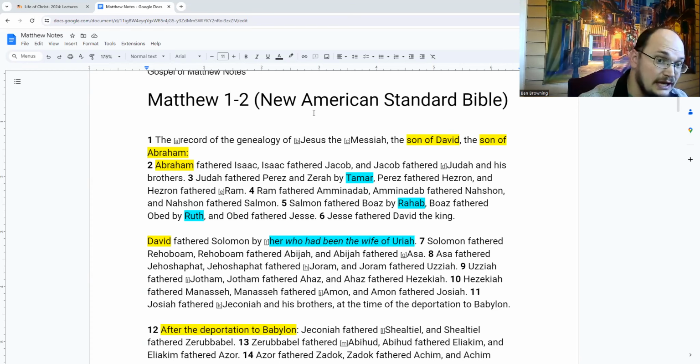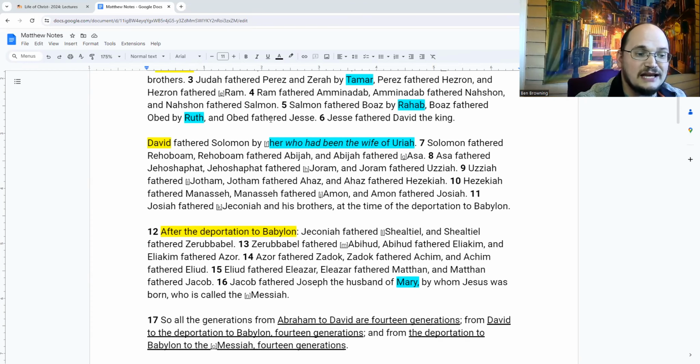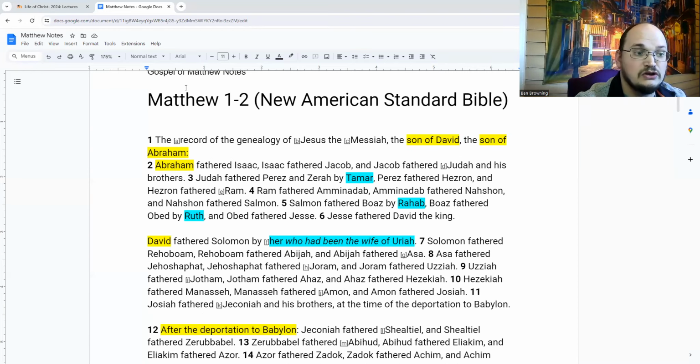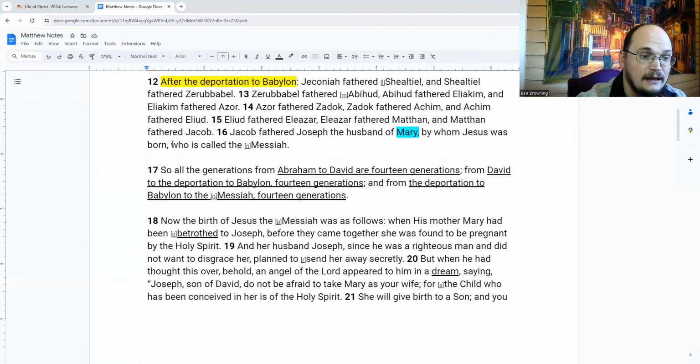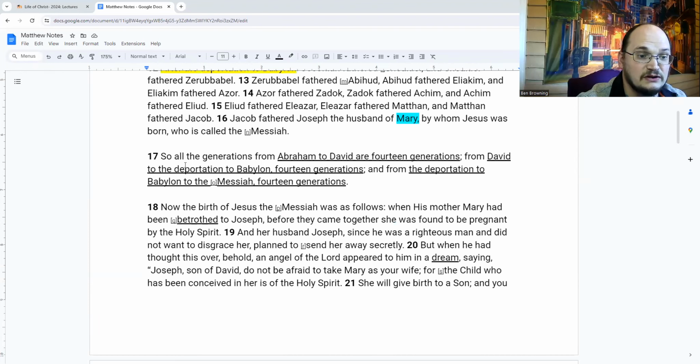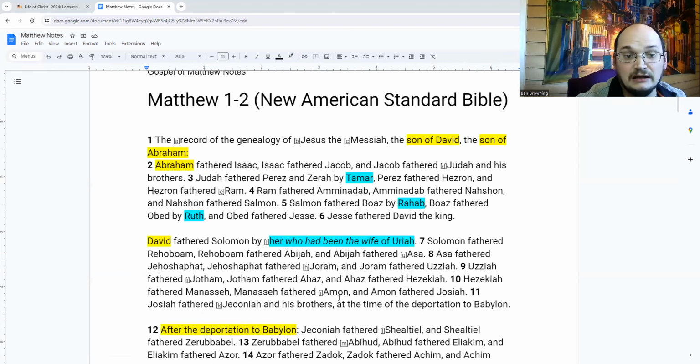Now, if you look at Matthew chapters 1 and 2, and 1 in particular, you'll notice it starts out with a genealogy. So if you look at the first several verses, you'll start here in verse 1, and you'll go down to about verse 17, and you'll see the genealogy of Jesus.